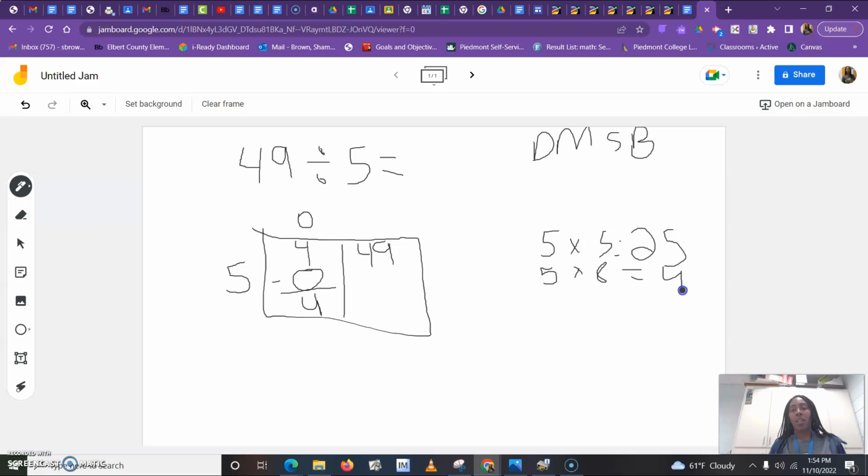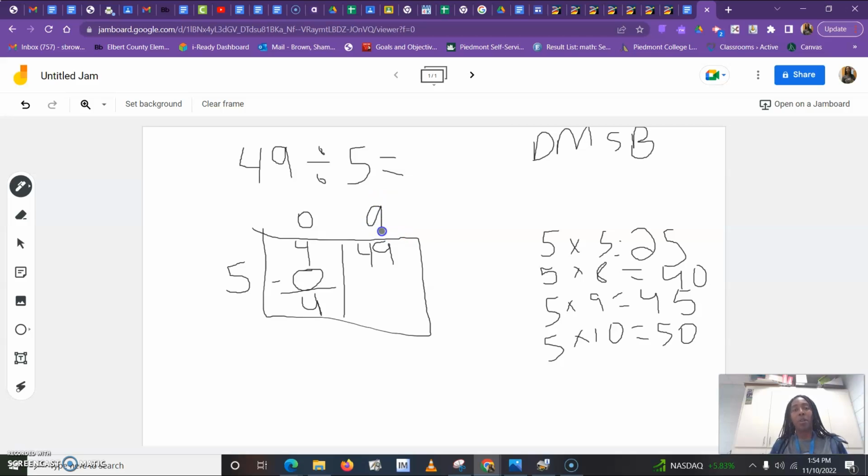And then 5 times 9 is 45. And then 5 times 10, of course, is 50. So that's too much. So I know I can't do 10. So I can only get 9 groups of 5 out of 49.